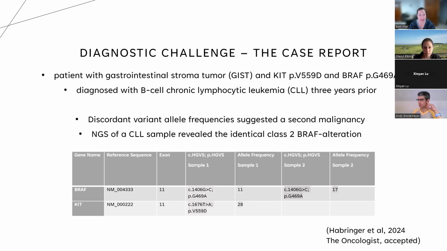And so that has become a checkpoint for our laboratory to check the path report, make sure they haven't had a bone marrow transplant or have potential co-occurrence of a tumor.